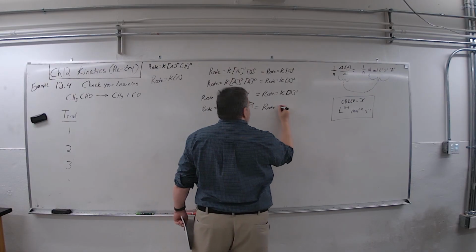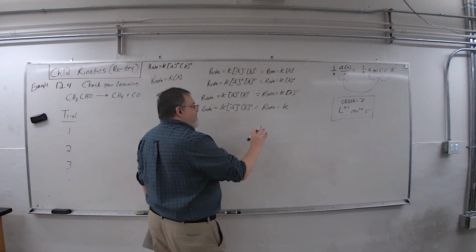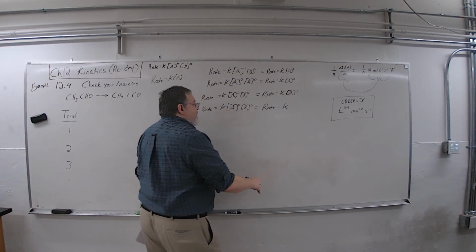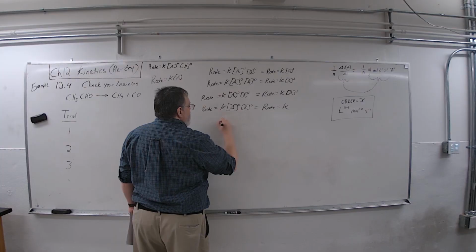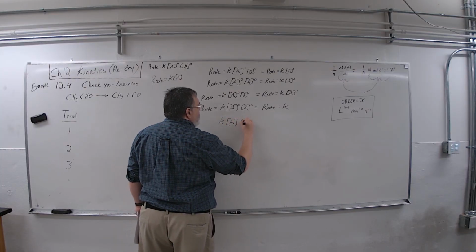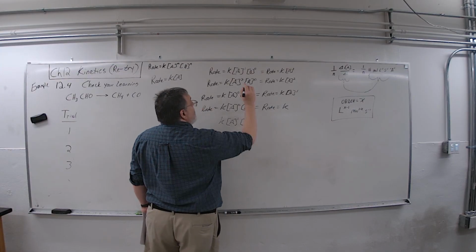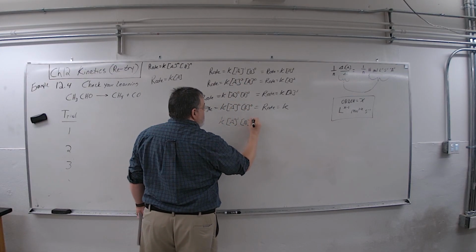It is 0, and it's just K. So a 0th order reaction will be like that. First order reaction could be like that. So that's a first order. A first order could also be like this.